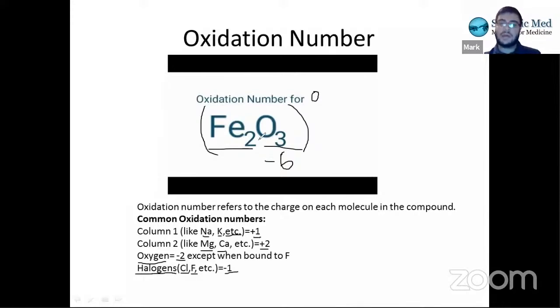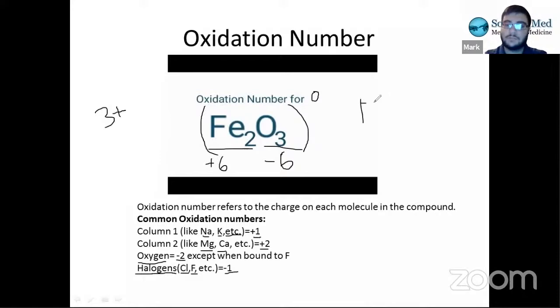So what they may ask you to do is just find what the oxidation number of iron, Fe, is in this case. And the oxidation number of iron and a lot of the transition metals in particular, unlike these common oxidation numbers, they vary from compound to compound. So in this case, since there are 2 irons, together they have to make +6. That means between the 2 irons, each iron is 3+, right?